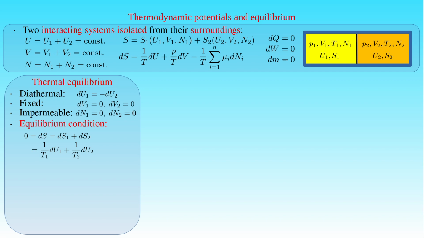We can eliminate one of the differentials from the right-hand side because the differential of U1 is equal to minus the differential of U2. As a result, dS is equal to the difference between 1 over T1 and 1 over T2, times dU1. In thermodynamic equilibrium, the differential of the entropy S vanishes for arbitrary values of dU1, and the terms in the parenthesis must be 0.